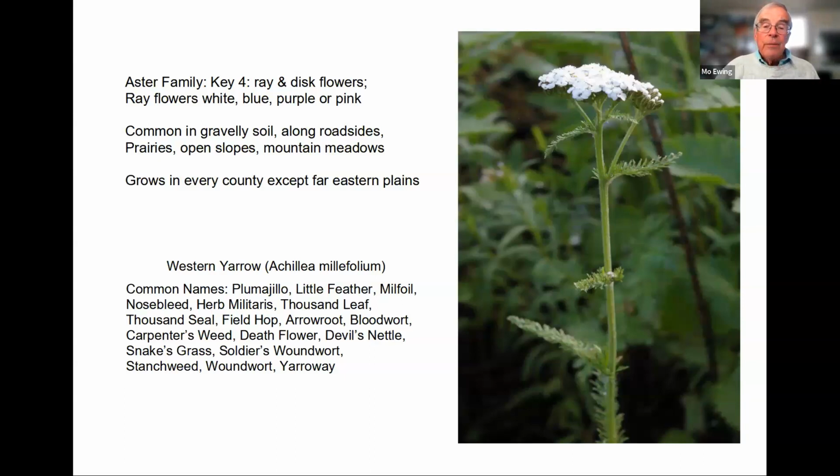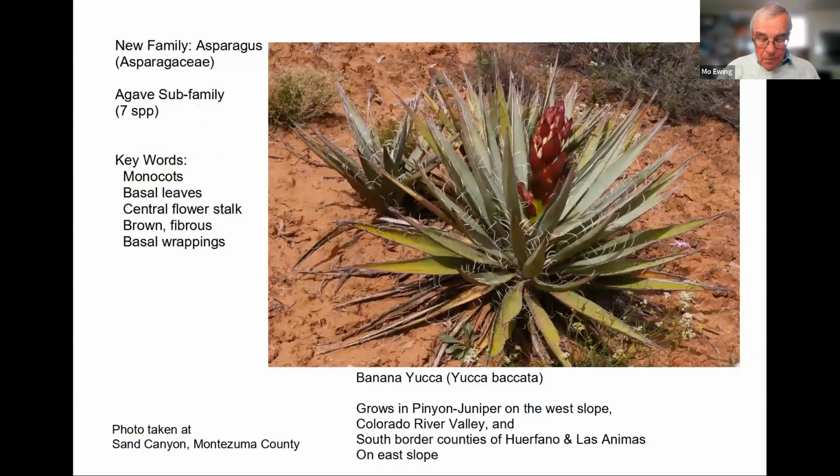Another one, which you've probably seen, maybe not the species, is banana yucca, Yucca baccata. It gets its common name from its banana-shaped fruit, which you don't see here. Baccata means with berries. Evidently, the seeds are sweet.